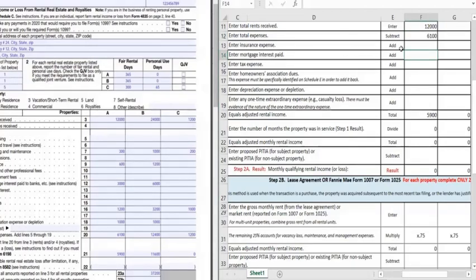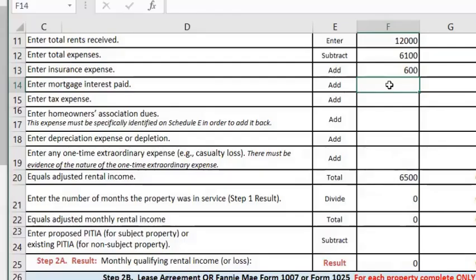Now enter insurance expense. What is the insurance expense? Line number 9, 600. Yes, sir. Enter mortgage interest paid. What is the mortgage interest paid? 3,000. Great. Total tax expense. What is the tax expense? 1,200. Great.